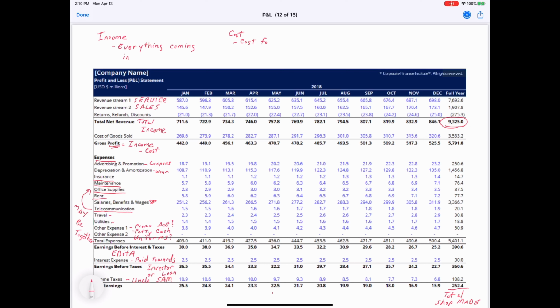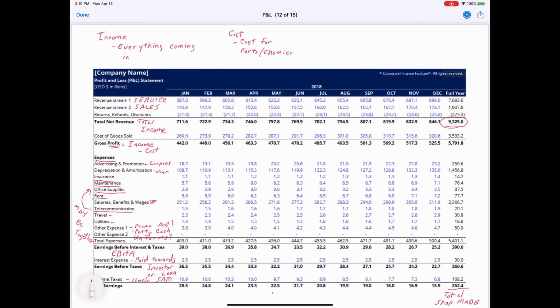Now, something to keep in mind, if you were to go out and open up a business today, the fact is that number is going to be a negative number. You're going to be paying out, well, let me correct that. Your EBIT is probably going to be the negative number.